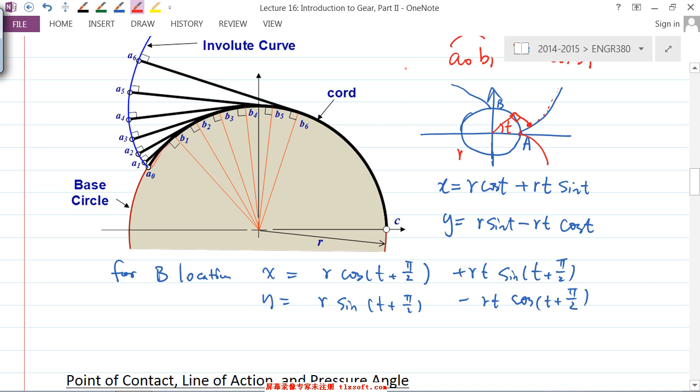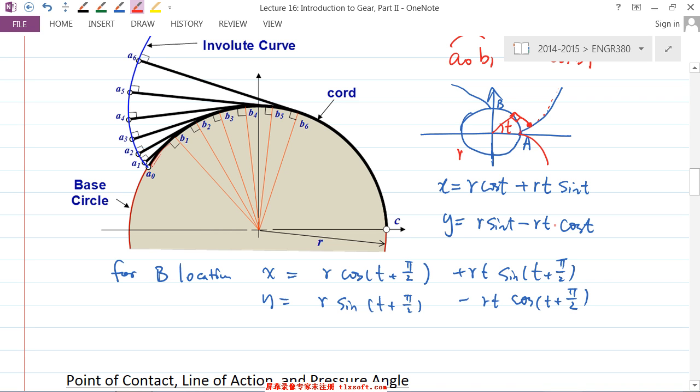That's positive. If it goes this way, you can consider it's unwrapping in this direction. It's clockwise unwrapping. And the only thing you need to do is change the t to negative t. Okay, that's the point. So anyway, watch out for the next week's tutorial. Okay. So that's the involute profile.